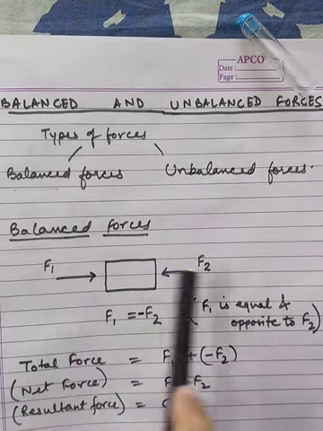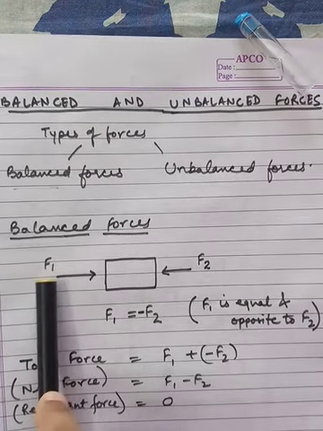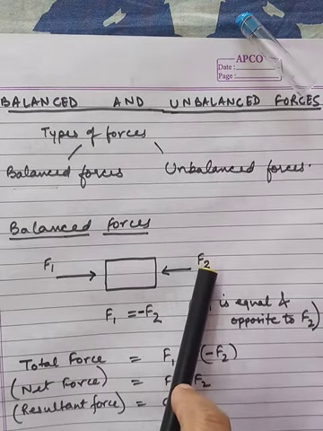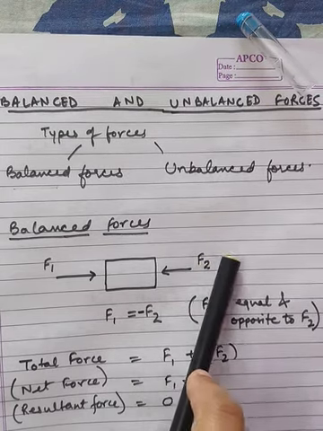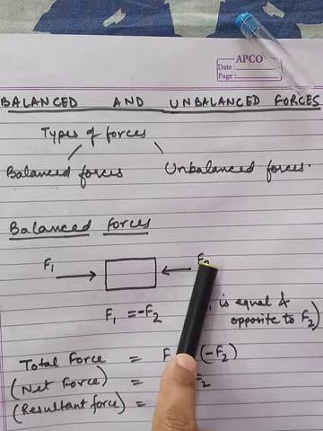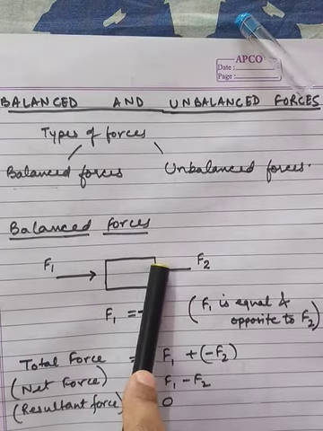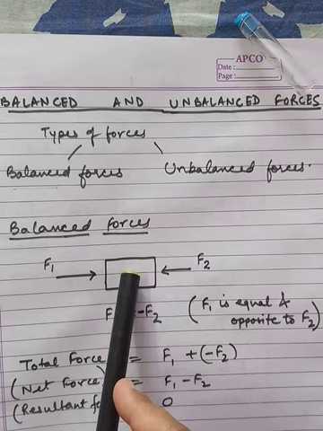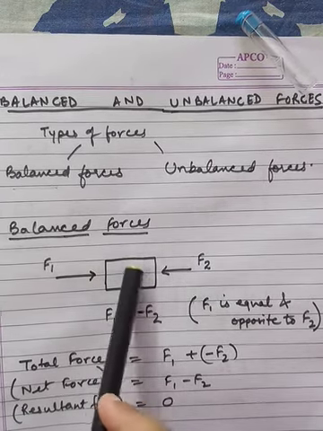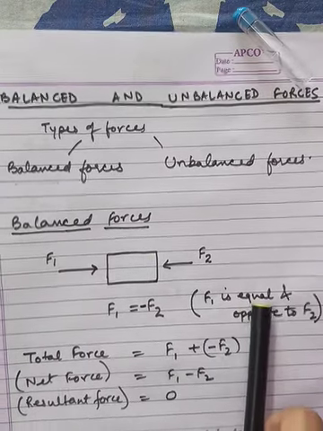Here F1 and F2 are the forces which are balancing each other's effect. F1 is equal to F2 and they are opposite to each other. So because of these two forces, the object is not able to move. They are cancelling each other's effect. If the object is not able to move, what does it mean? It seems that no force is acting on this object, so the total force acting on this object is 0. Let's see mathematically how.